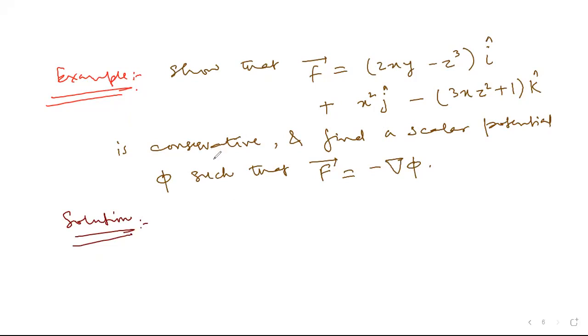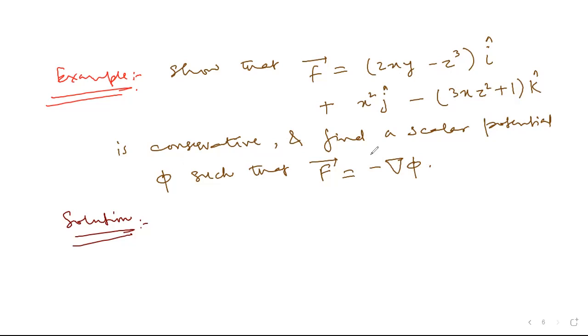Before going to the solution, let me check the problem. Show that F equal to 2xy minus z cube i cap plus x square j cap minus 3x z square plus 1 k cap is conservative, and find a scalar potential phi such that F is minus gradient of phi. So we are given a force field.